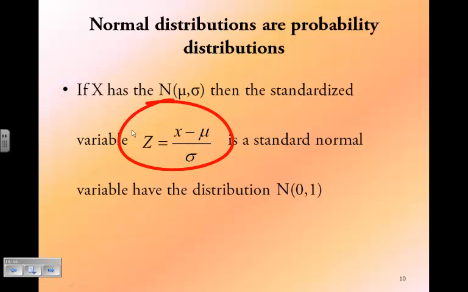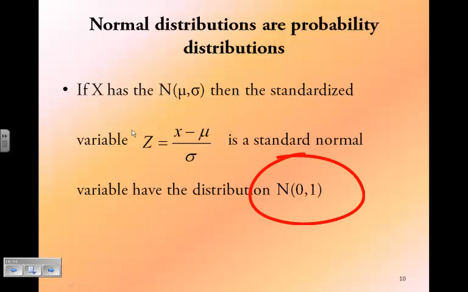And the standard normal variable has a normal distribution, that's what the capital N means, with a mean of 0 and a standard deviation of 1. So the advantage to using these z-scores, if you remember, is it allows you to take two different distributions that don't have the same mean or the same standard deviation, and compare them in a standardized format. We could convert them into the standard normal variable, and then compare them to each other using the z-scores.